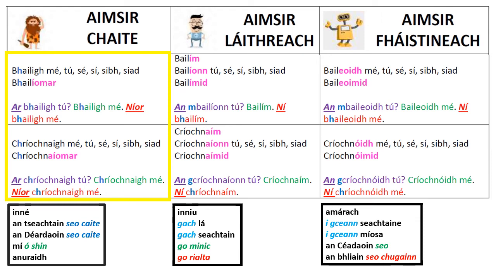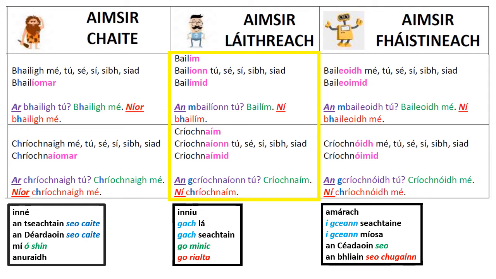Okay, if we look over to our present, we again have a special ending for me. So we say balium and kriaknium. I collect, I finish. So we have the same thing, a special ending for me, but it's just a little bit different to the one we use for the Cade Reimnu.